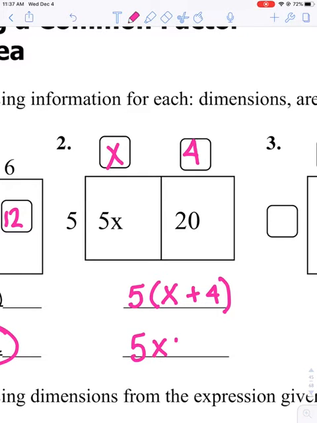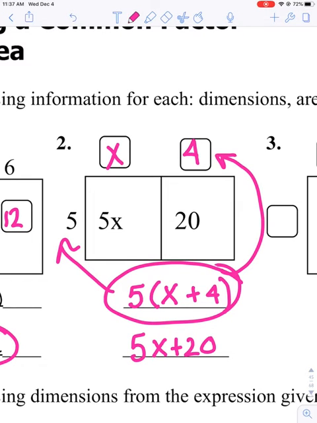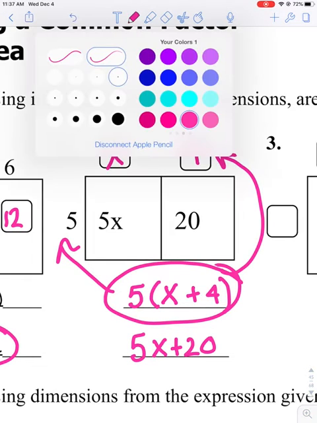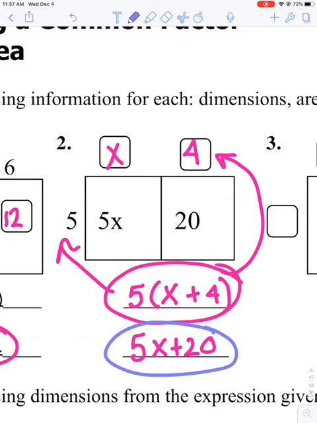And then my second one would be 5x plus 20, and that represents adding up the 2 areas inside the picture. So you can see that the expression with parentheses always gives you information about what's going to be on the outsides of the rectangle, and the expression without parentheses always gives you information on what's going to be on the inside of the rectangle.